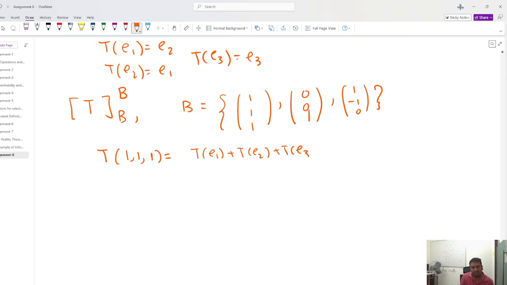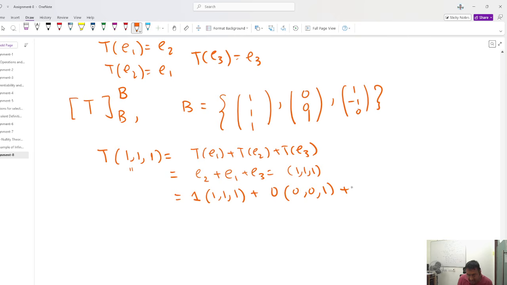So E1 was E2, E2 was E1, E3 was E3, so this is nothing but (1, 1, 1). Very nice. So this you can write as 1 times (1, 1, 1) plus 0 times (0, 0, 1) plus 0 times (1, -1, 0).